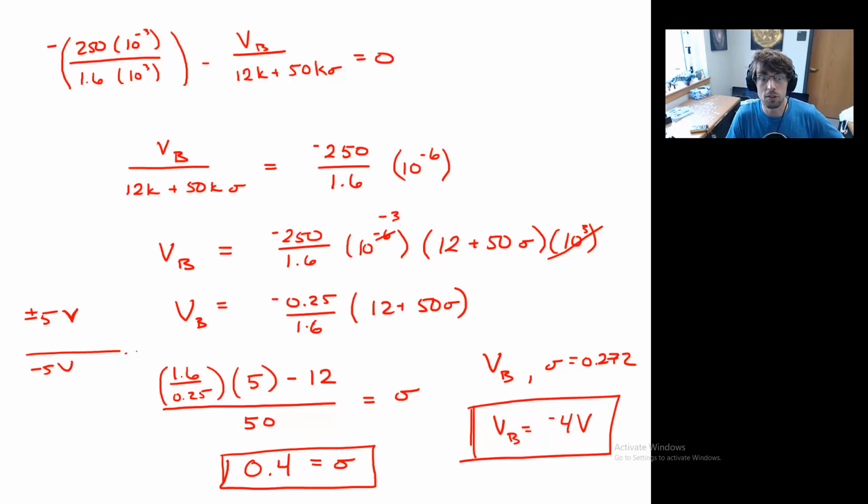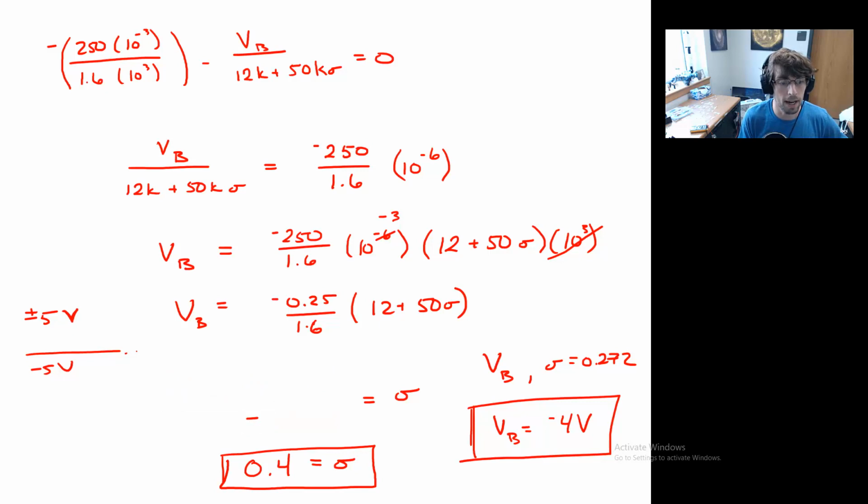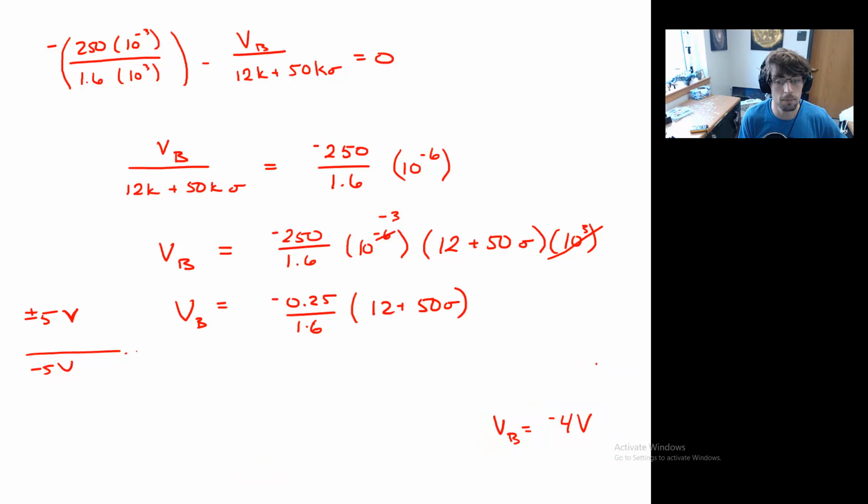Last thing I'll just point out here, if we go back and look at VB. Okay, so let me get rid of this little expression here. If we look at VB, we could almost trace back the variables from which each of the terms came, right? So right here we have the feedback resistor. I'll call it RFB. And then you have your current supply.